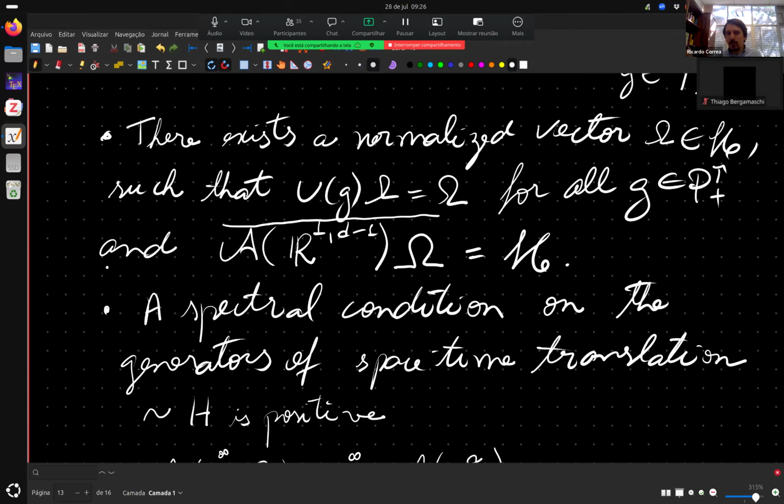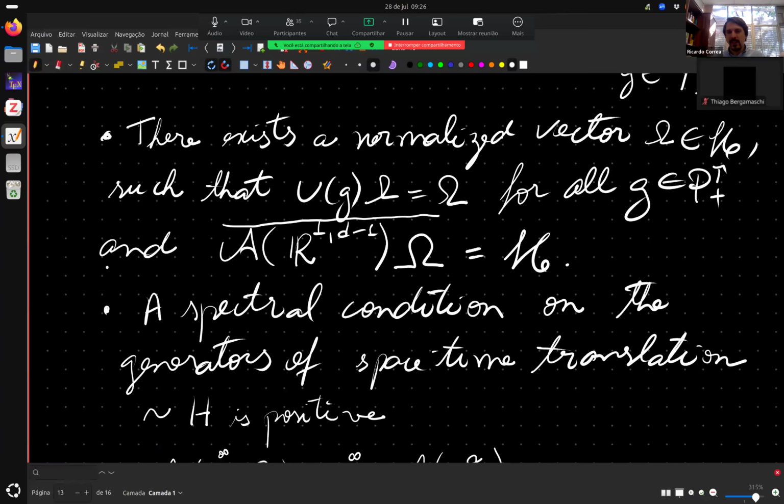And that sounds more reasonable, because my intuition is that if I act on the vacuum with operators localized anywhere, which in some sense means non-localized, since they can be arbitrarily delocalized, then I can generate almost any vector in my Hilbert space, so basically almost any state, by acting on the vacuum.